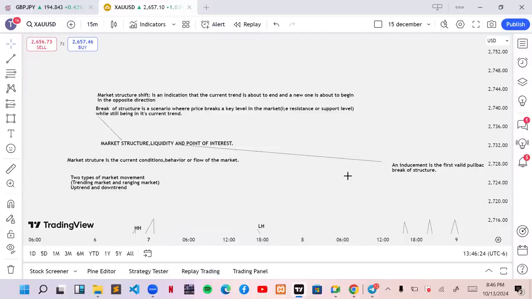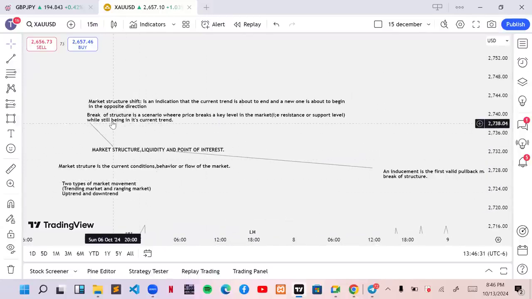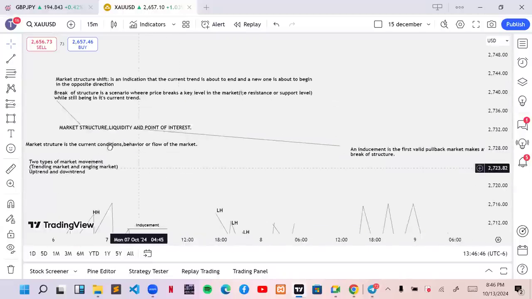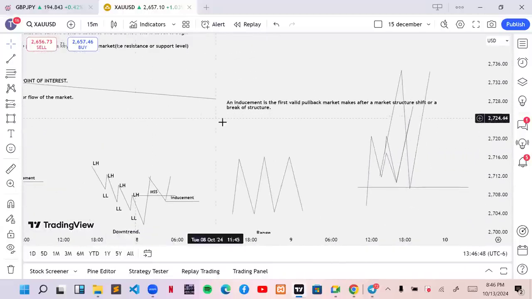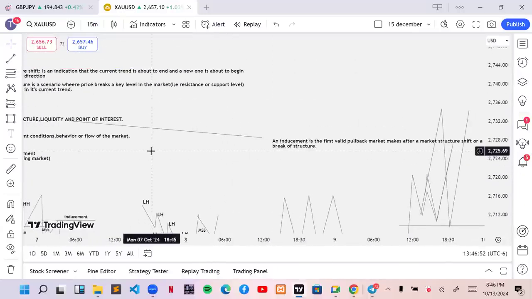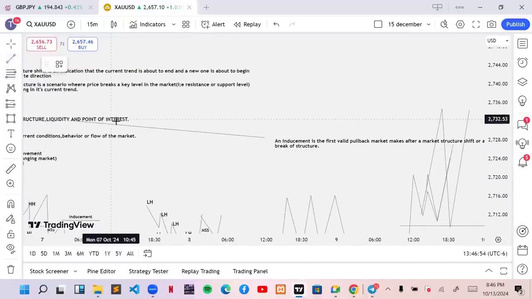Well, first of all, let's talk about the order block for this particular class. So I've talked about market structure. I've talked about the 2 things I pay attention to for the market structure part of the strategy, which is my market structure shift and then my break of structure. And I talked about liquidity. I said that my liquidity for this strategy is my inducement, that the inducement is the first valid pullback that the market makes after a market structure shift or a break of structure. Now we start to talk about the point of interest part of the strategy.